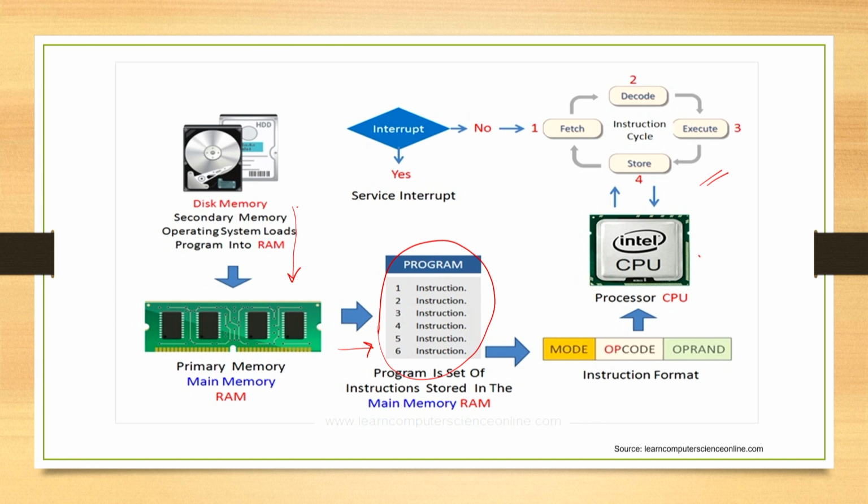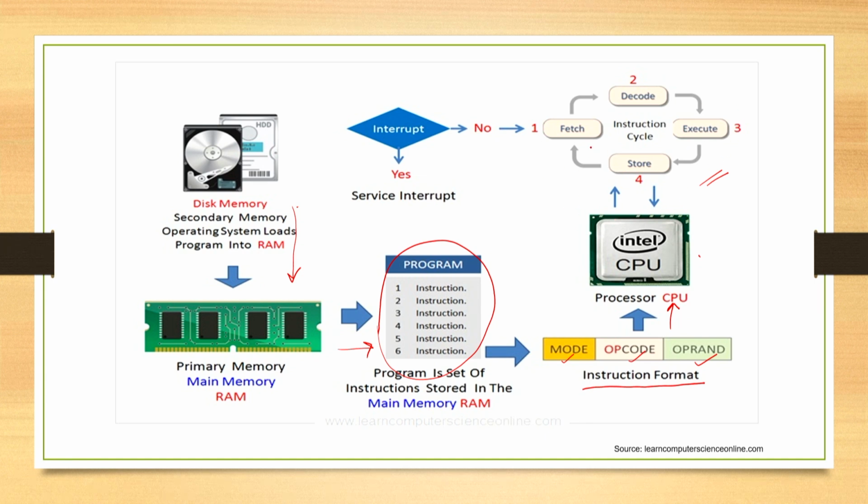It is nothing but a set of instructions given to the computer to perform a particular task. This program is then converted into the instruction format, which is the mode, opcode, and operand. Then this is submitted to the CPU, and after that the CPU will do processing.